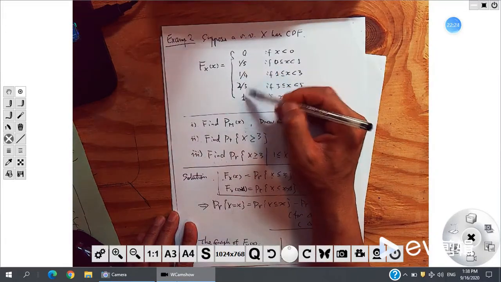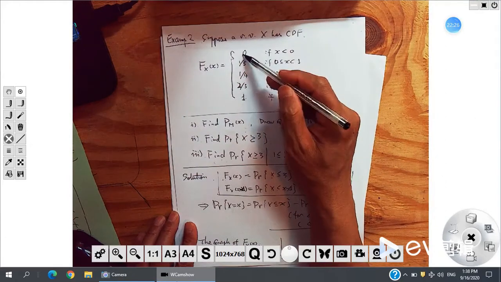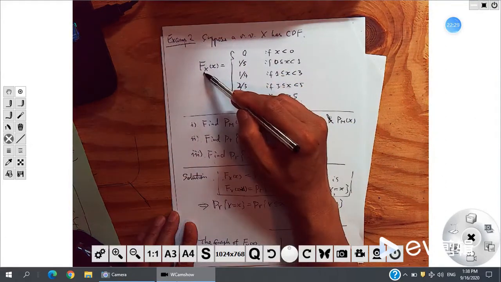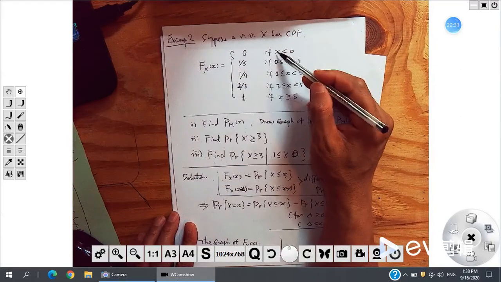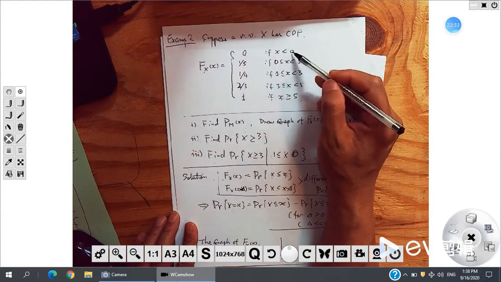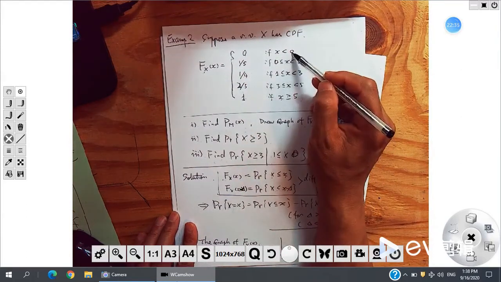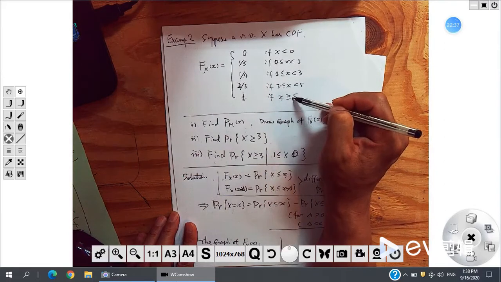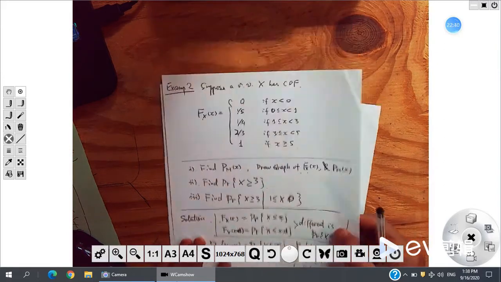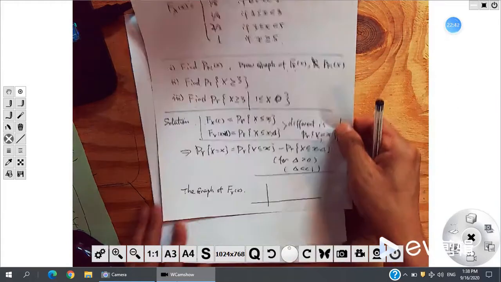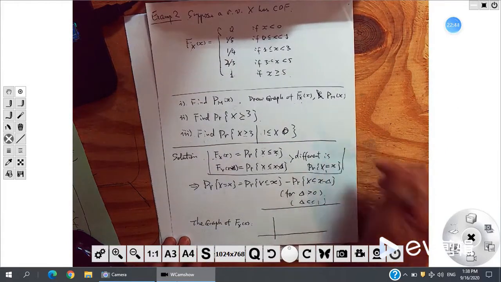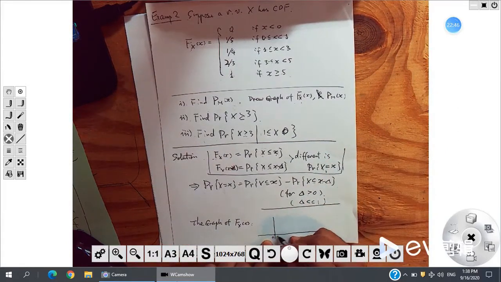So totally we have 5 values for this capital F. And in the variable x, the change happens at 0, 1, 3, and 5. Okay, so let me put it here. We can see both, right? So at 0, 1, 3, 5, this is for x. At these 4 points, the value is changing.